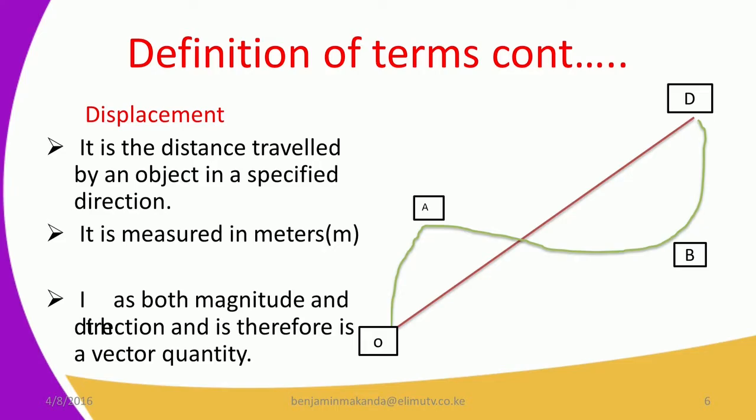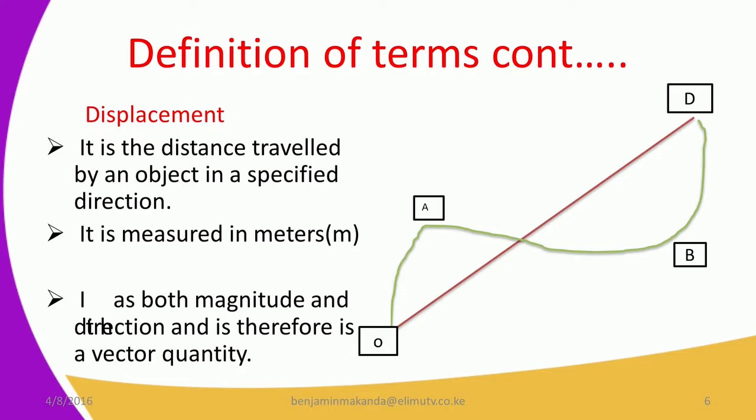So two aspects come in here. A person moving from point O, A, B to D has covered some distance, has covered some length, but we cannot tell in which direction he has covered this. But for this individual moving from point O to D, we can tell he moved from point O to D in the north direction, south direction, so it's a bit directional.